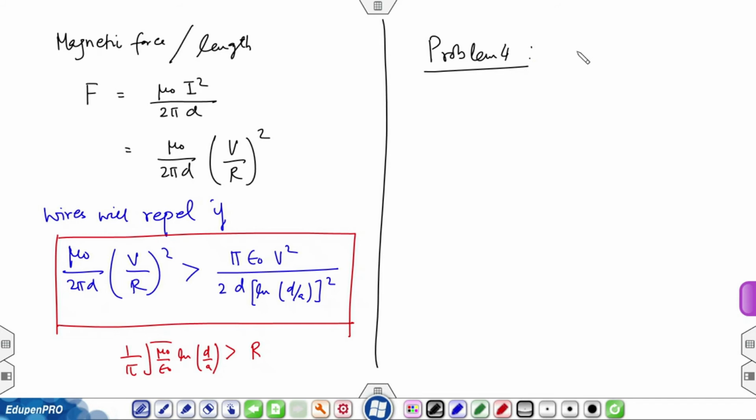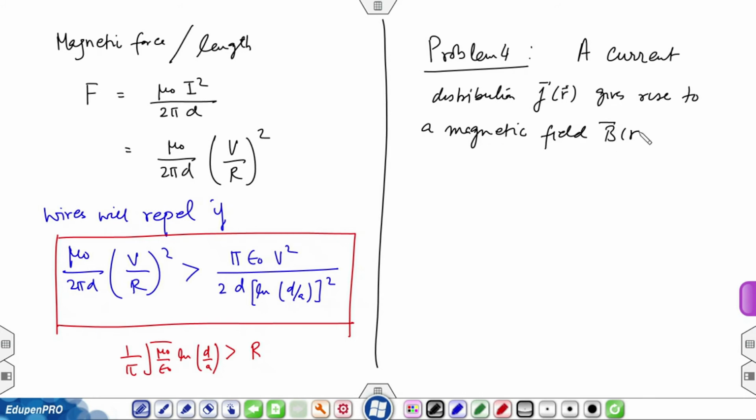So, the problem is: a current distribution J(r) gives rise to a magnetic field B(r).